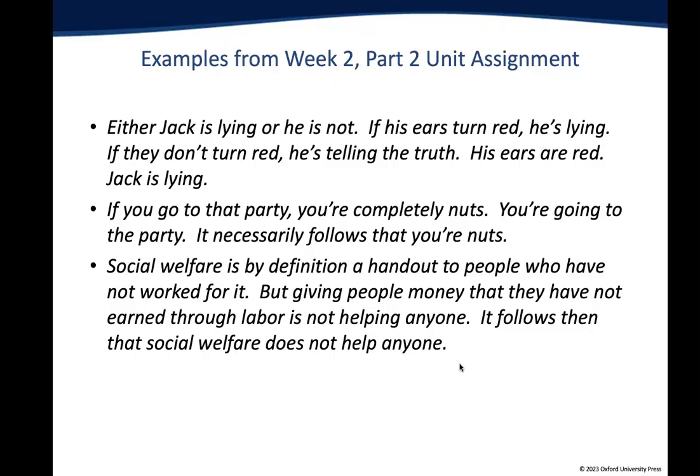In making that determination about whether or not it's deductively valid, some folks were actually arguing the soundness of that argument. When we're looking at whether a deductively valid argument is sound, that's when we are really evaluating these claims that come up.